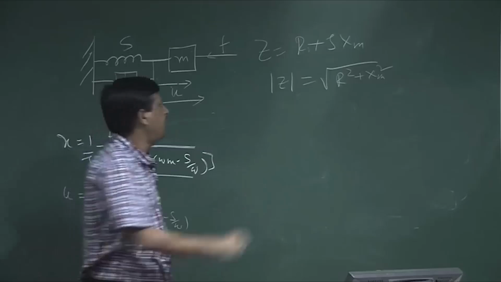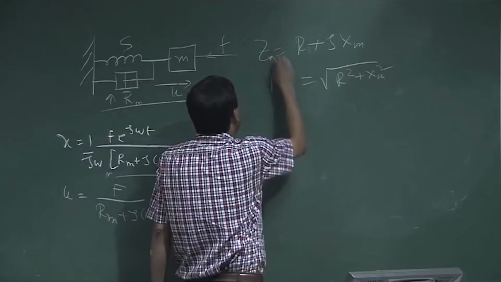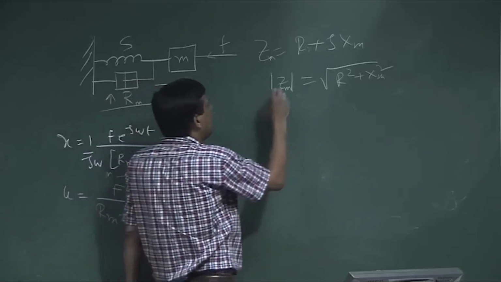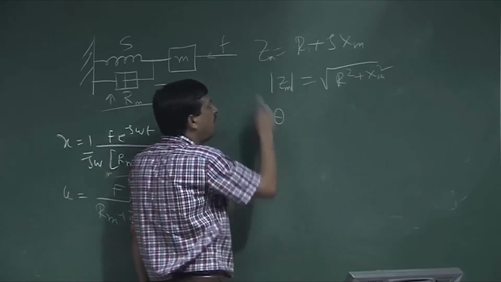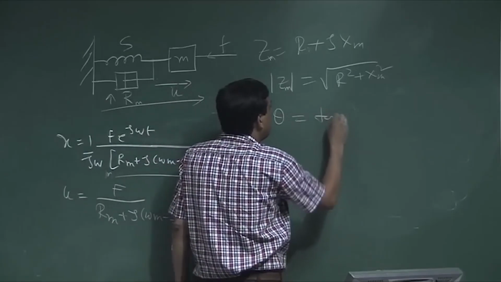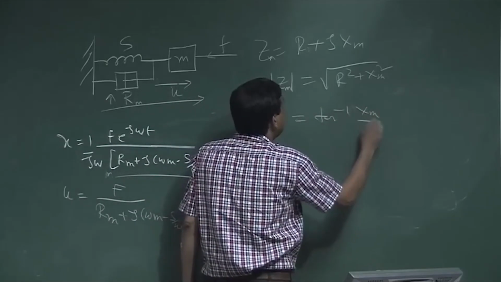And I should write Zm as mod Zm with an angle theta, where theta is tan inverse Xm by R.